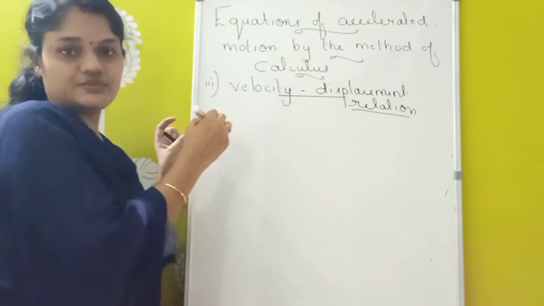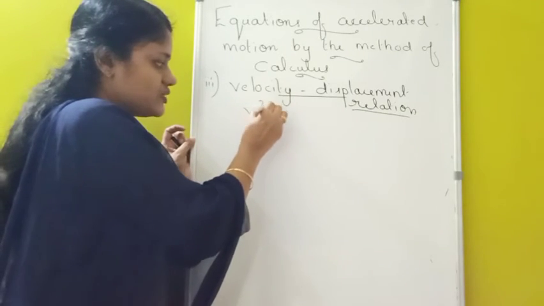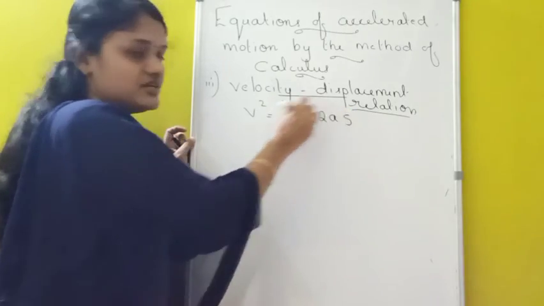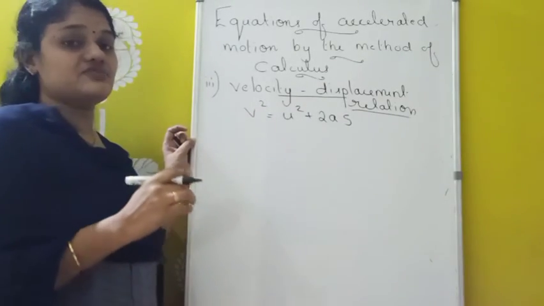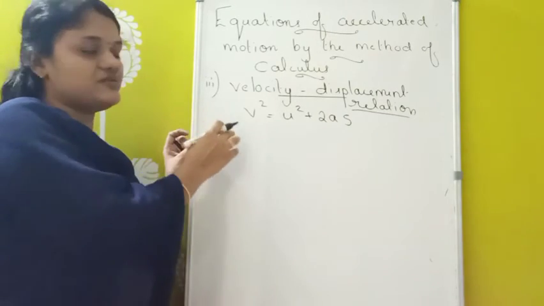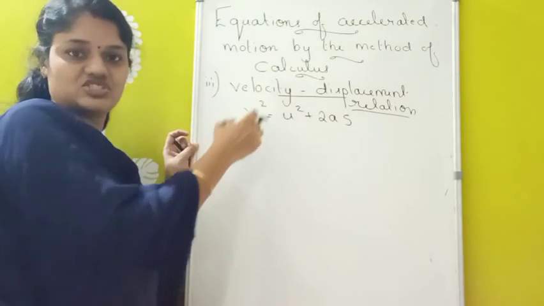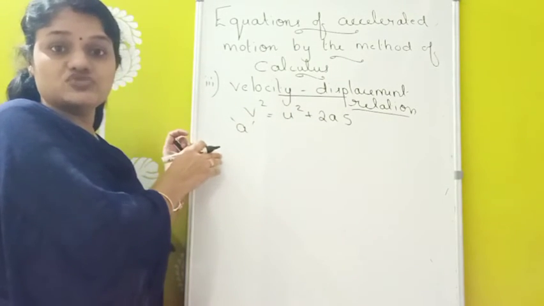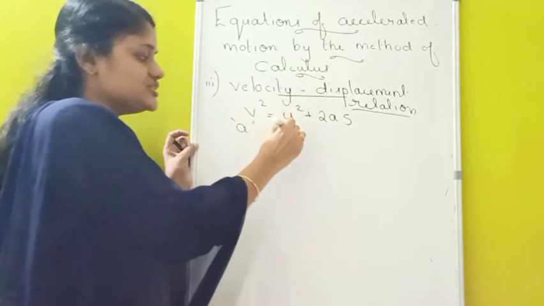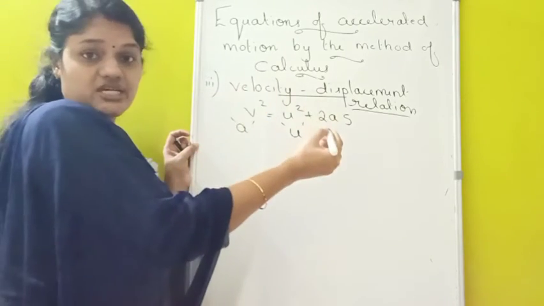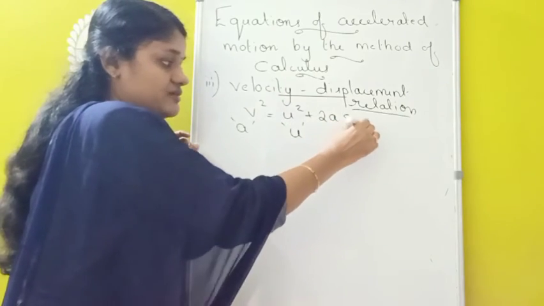Now third relation, velocity displacement relation. Velocity displacement relation means v square equals u square plus 2as. This we have to derive using the calculus method. Here we are supposing an object moving in a straight line with uniform acceleration a. Let u be the initial velocity of the object, and after a time t let v be the final velocity.